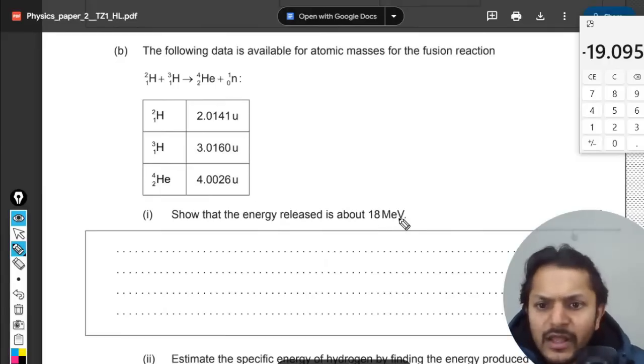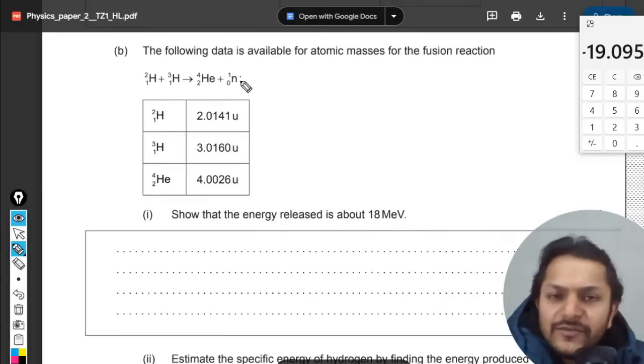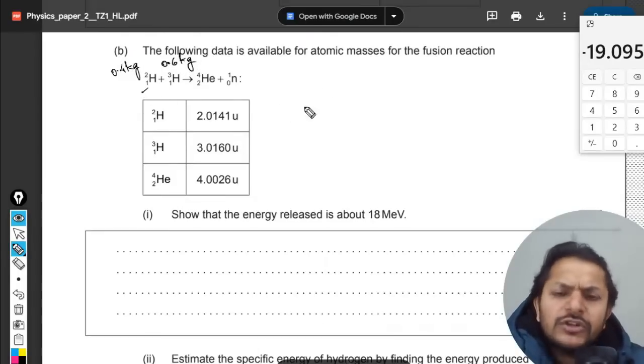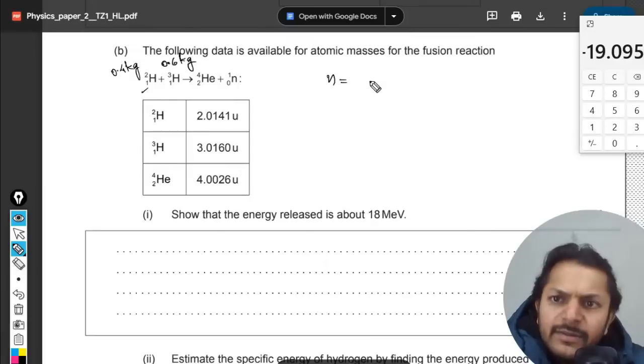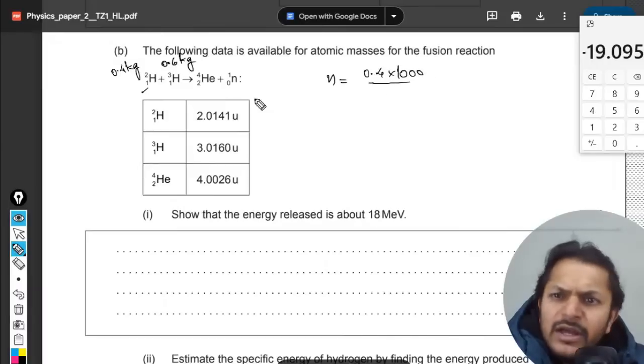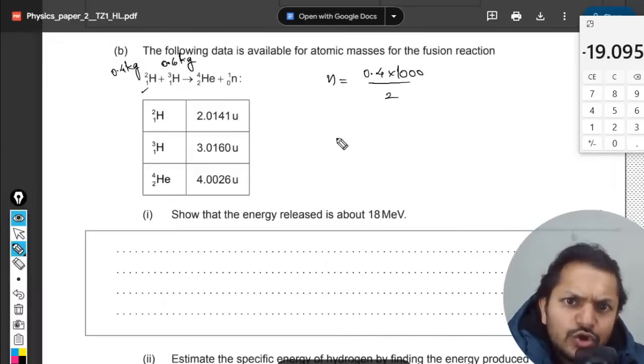Now, another point that we need to remember here, now 0.4 kg and 0.6 kg. Let us try to find the number of moles of this. So number of moles is given by the mass in gram, so 0.4 into 1000, divided by the molar mass, which is 2.